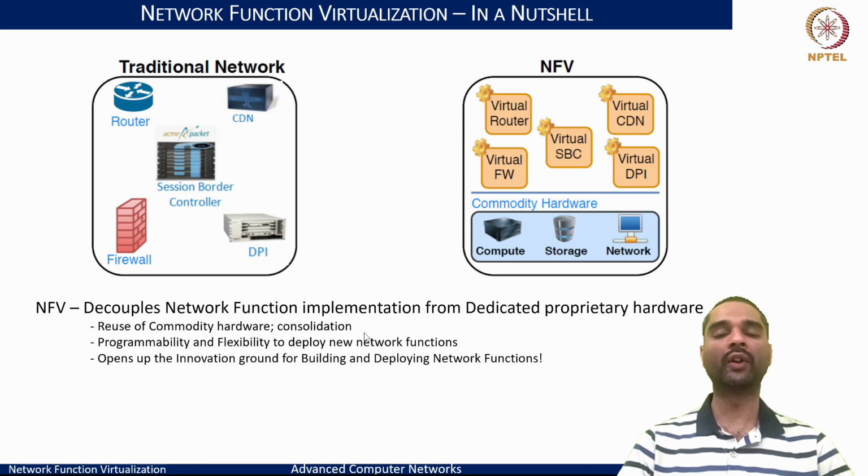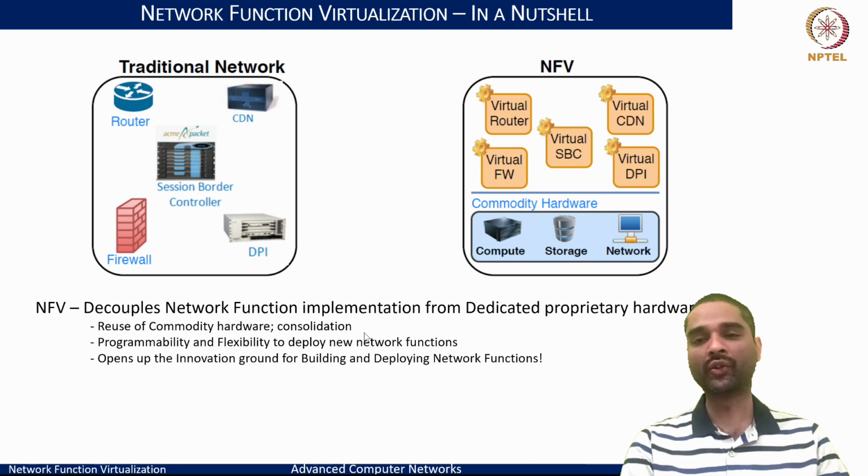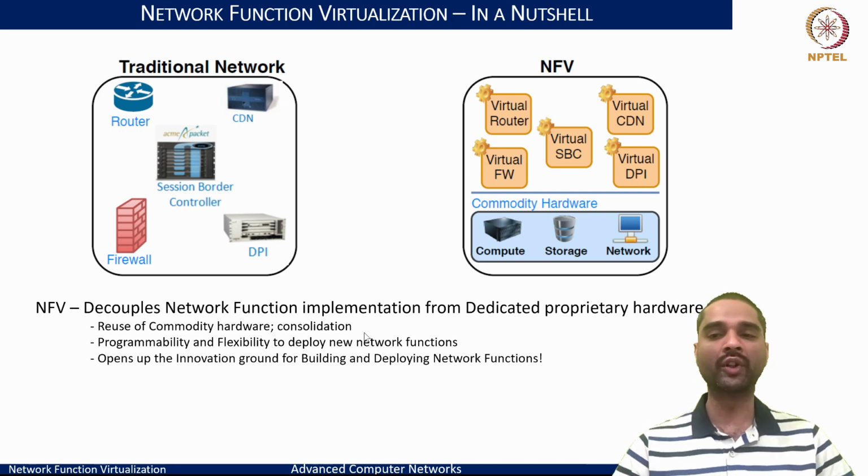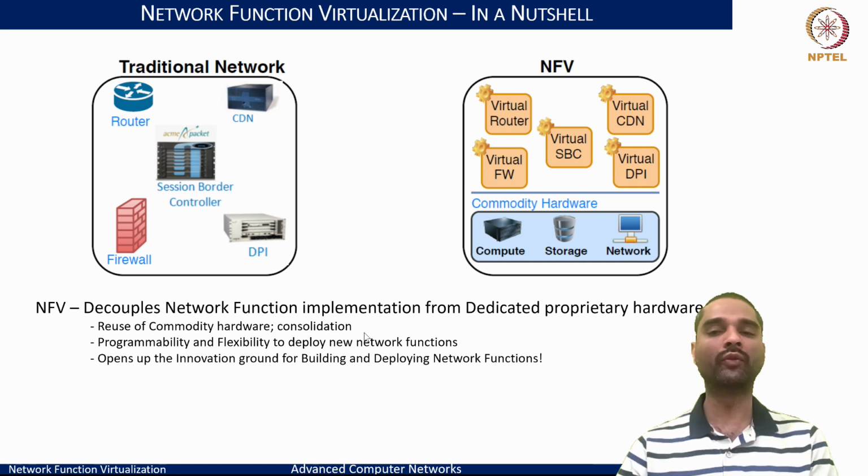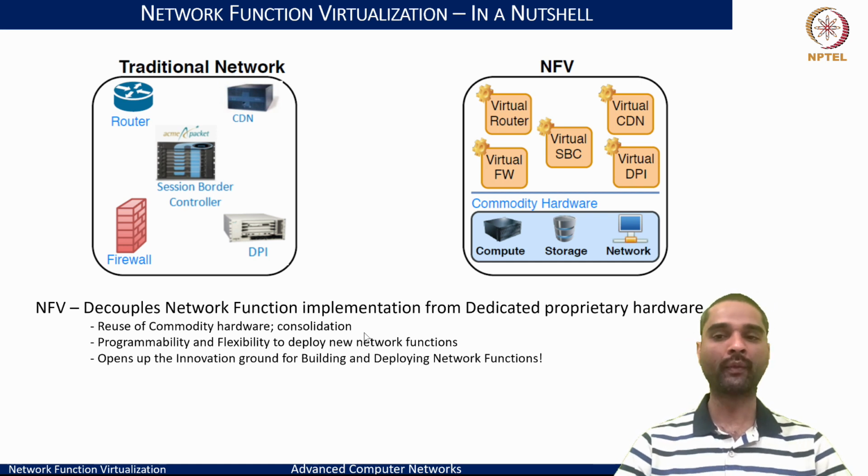And by commodity hardware, we mean the off-the-shelf available devices like x86 server machines with compute, storage, and network. And likewise, if we think of a firewall, now we would run a firewall as software that's running again on top of the same commodity hardware.